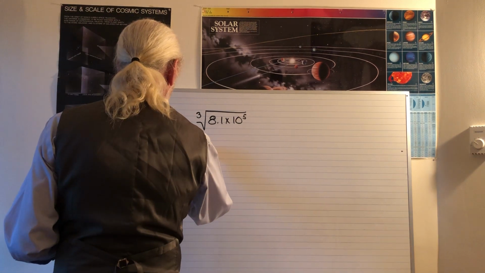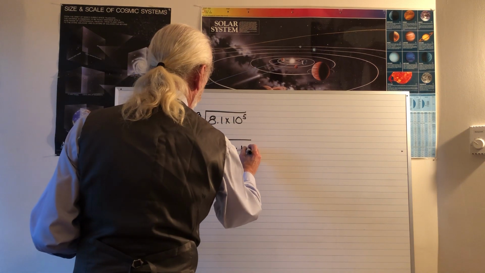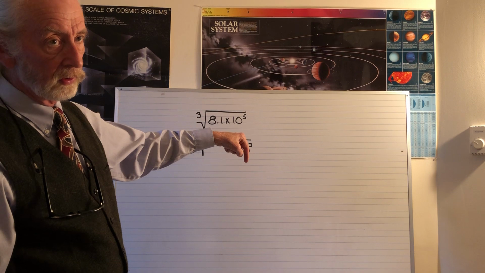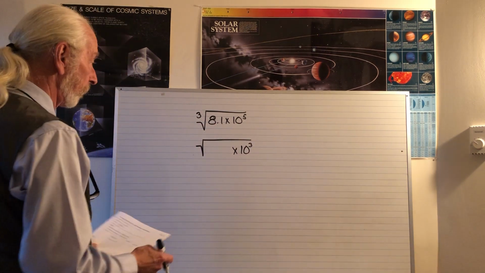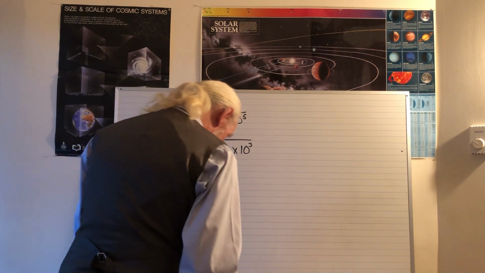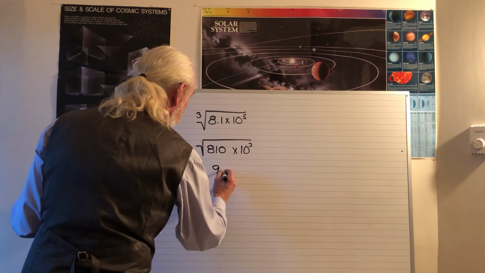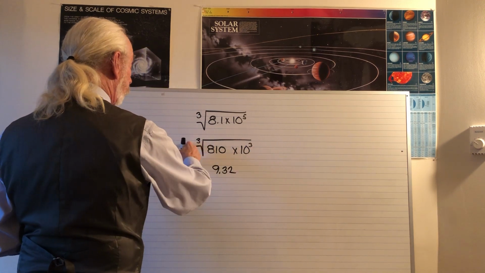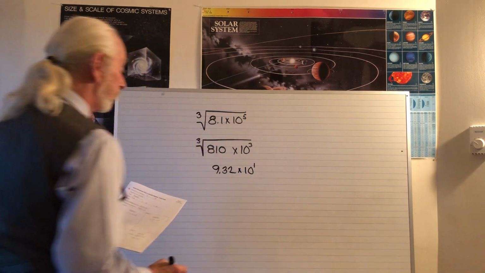I'm going to make that cube root up. I'm going to drop 10 to the 5th down to 10 to the 3rd. That's certainly divisible by 3. So my exponent went down 2 places, which means that my decimal moves over to the right 2 places. That makes it 810. And the cube root of 810 is 9.32. And 3 divided by 3 is 1. 10 to the 1st power.